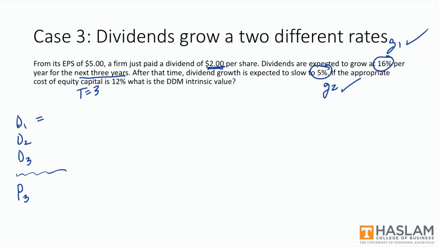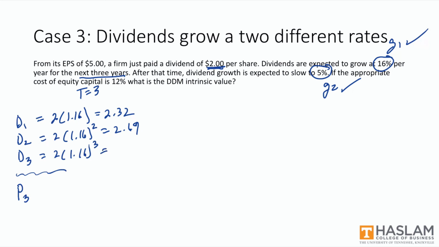And so D1 is D0 times 1 plus the high growth rate, which is $2.32. D2 is 2 times 1.16 squared, or $2.69. And D3 is 2 times 1.16 to the third power, or $3.12.